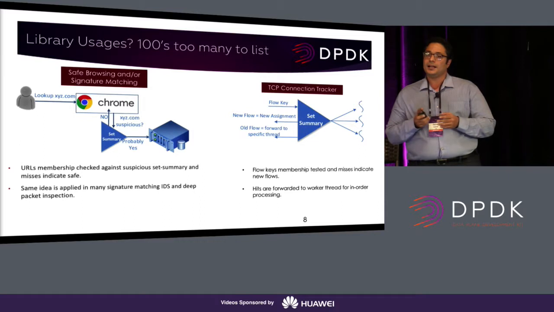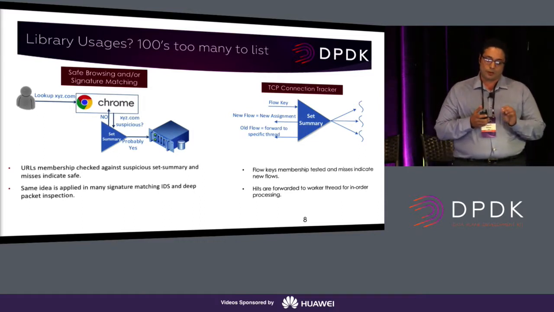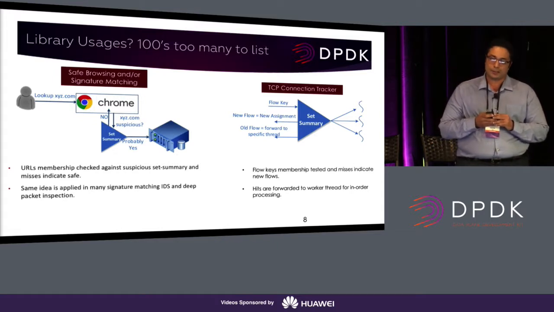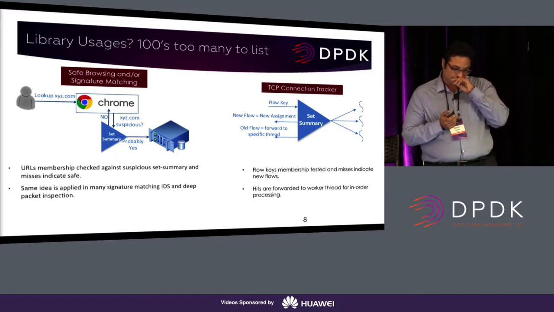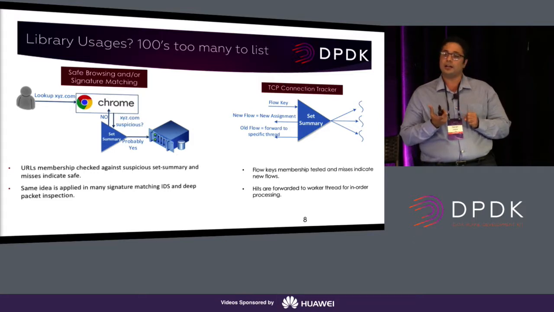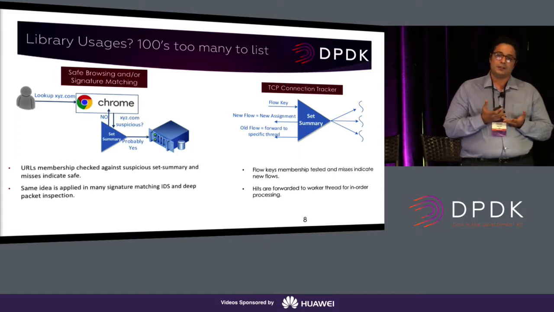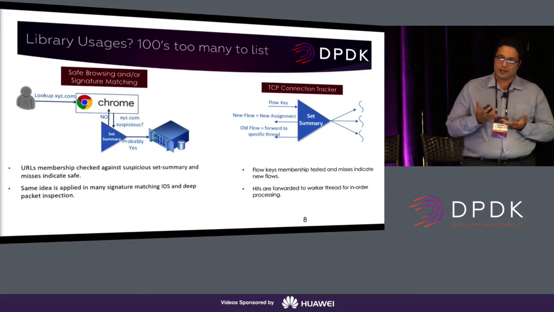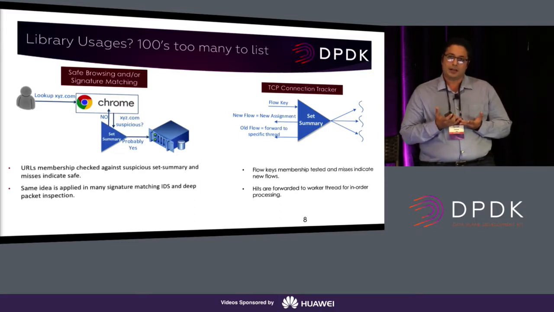Security and IDS is a very common usage for this library. If you think about a web browser like Chrome, for example, you get a URL. The web browser will have to check whether this URL is safe or not. So the database that is checking against the URLs can be implemented as a set summary.